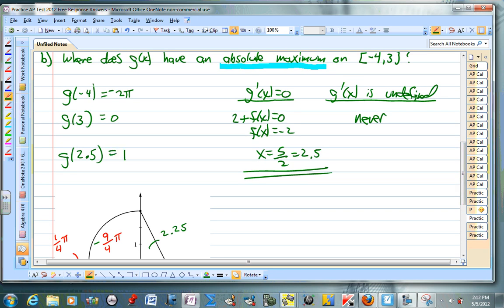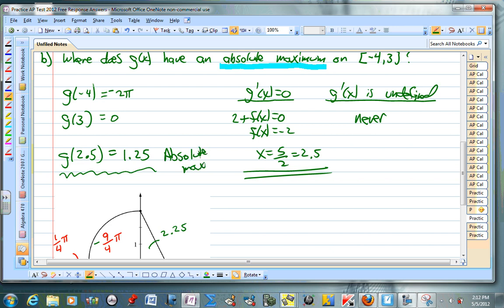So 2.25 minus 1 is going to be 1.25. We're looking for the absolute maximum. So it looks like the absolute maximum occurs at x is 5 halves, or 2.5. If they asked what the absolute max is, we'd say the absolute max is 1.25.